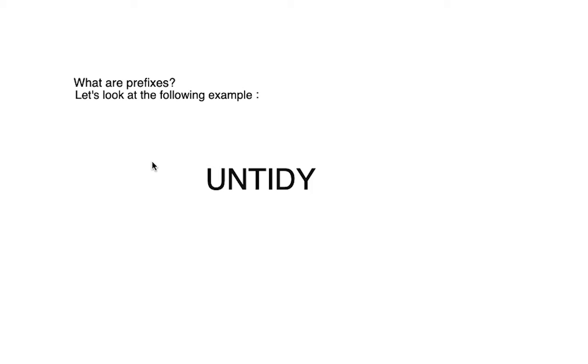They're basically a group of letters that change the meaning of a word when they're added to the start of the word. If we look at this word below, untidy, this bit of the word is the prefix, that's our un, which comes at the start of the word untidy.